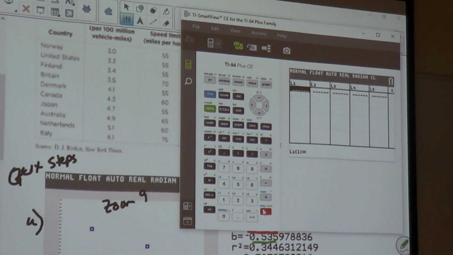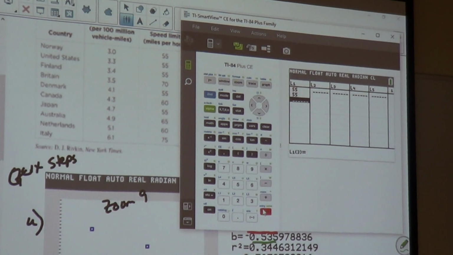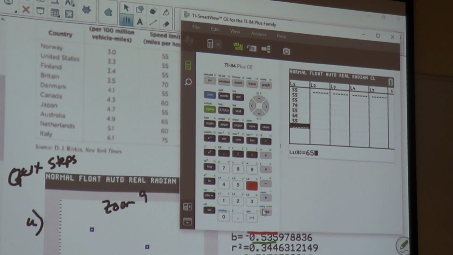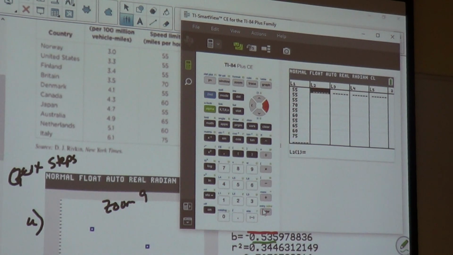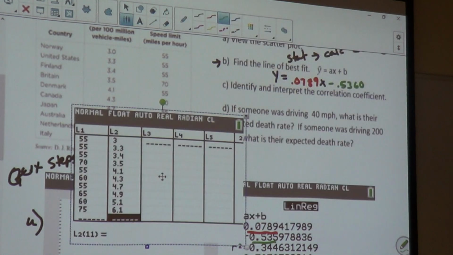Let me start over. 55, 55, 55, 70, 55, 60, 55, 65, 60, 75. 3, 3.3, 3.4, 3.5, 4.1, 4.3, 4.7, 4.9, 5.1, 6.1. Let me pull those over.